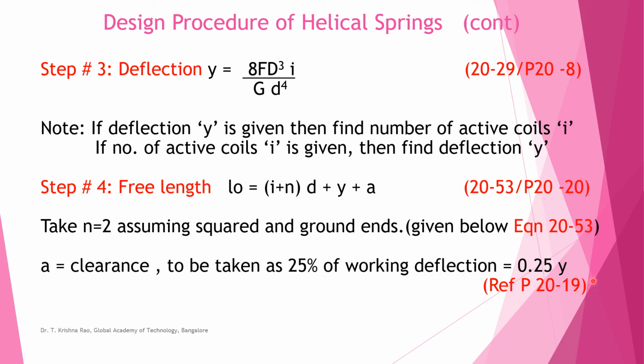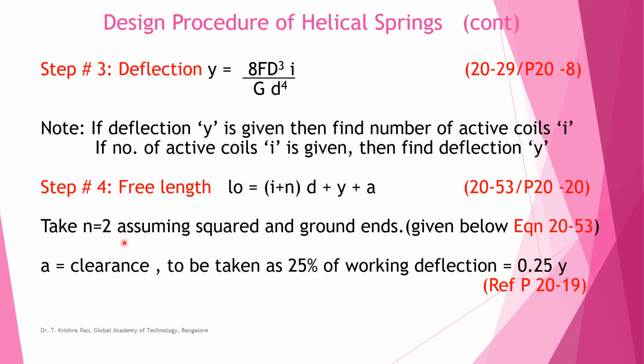It is given in page number 20-19. A small wording is given there: A is the clearance which is to be added while determining the free length of the spring and is made equal to 25% of the working deflection. This is what is printed in the data handbook. N depends on the end conditions.